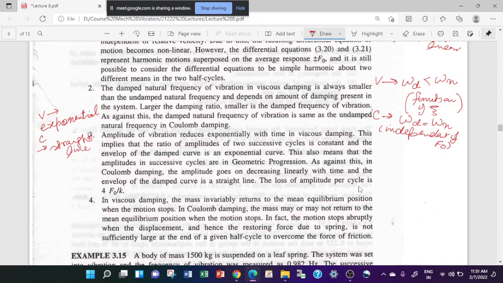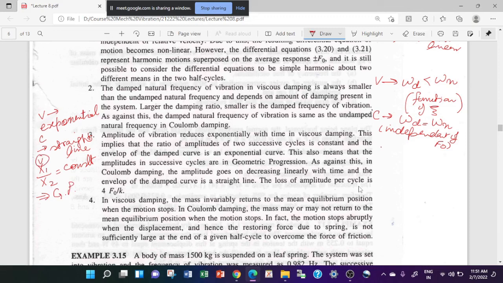Now in the viscous damping, the ratio of two successive amplitudes is constant. So in that way, this will basically form a geometric progression in the viscous damping.